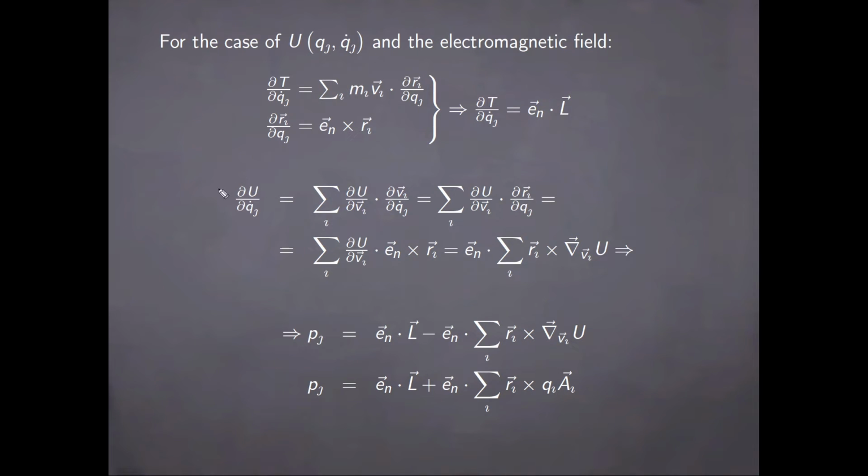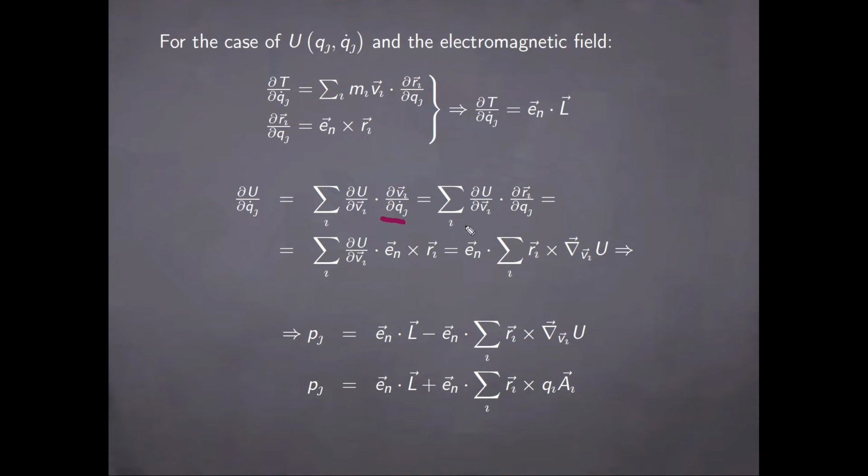And then if we look at the partial derivative of u with respect to the generalized velocity Qj, we once again apply the chain rule of differentiation. So we have a sum over all particles of the partial derivatives of u with respect to the velocity of each particle and a dot product with these partial derivatives.